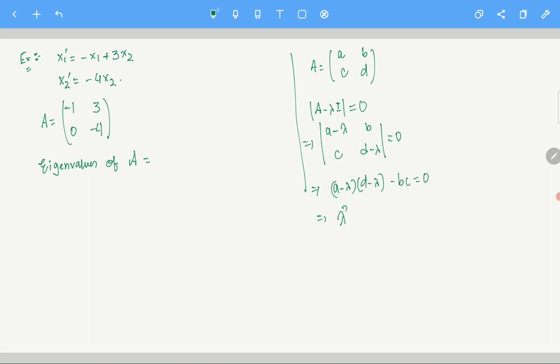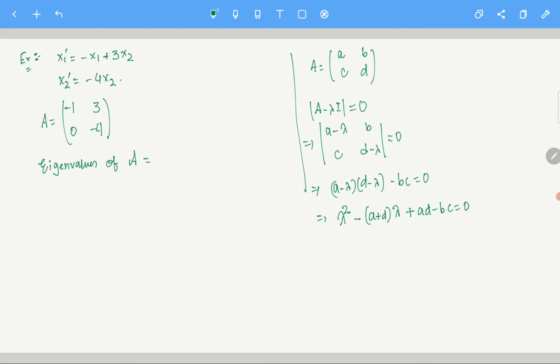If I break it up, basically the characteristic polynomial is lambda squared minus (a plus d) lambda plus ad minus bc.